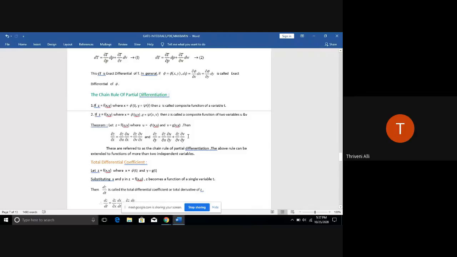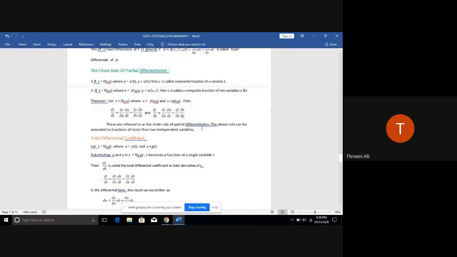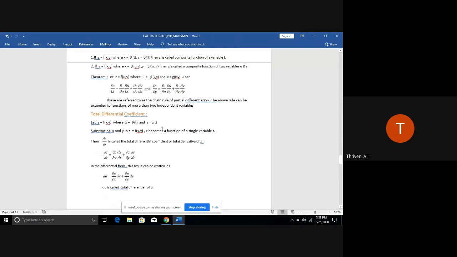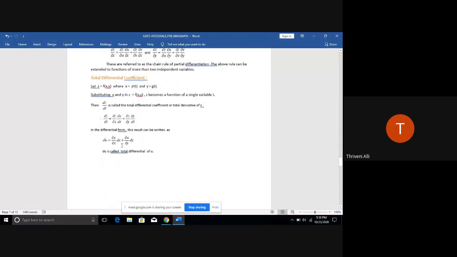The above rule can be extended to functions of more than two independent variables also. If there are three variables, we can also apply this chain rule. And the last one is the total differential coefficient. If z is a function of x, y, where x is phi of t and y is g of t, then dz by dt, we already know this.